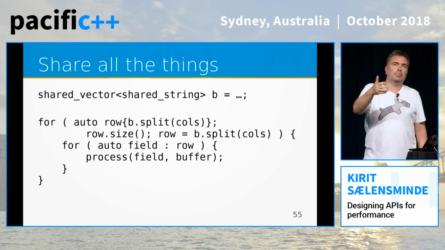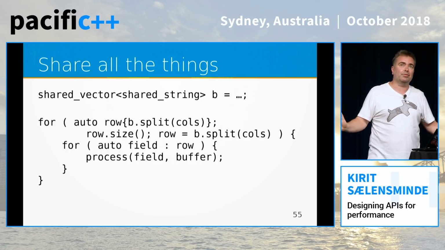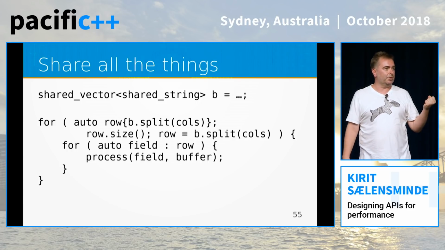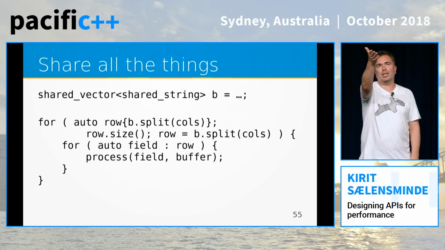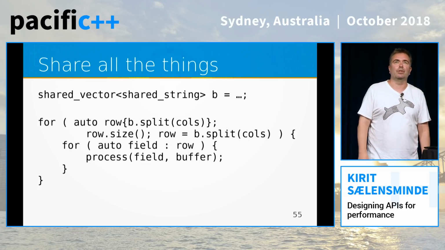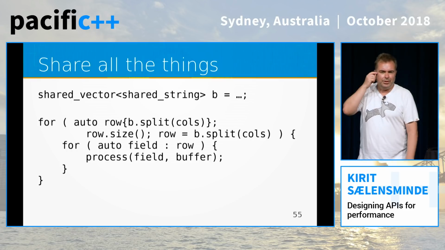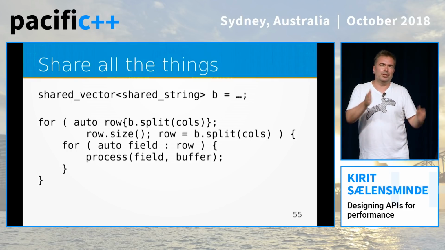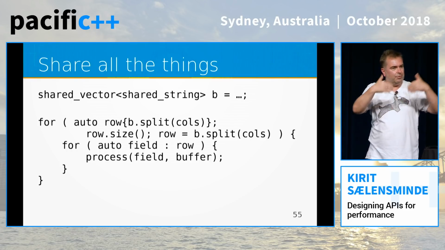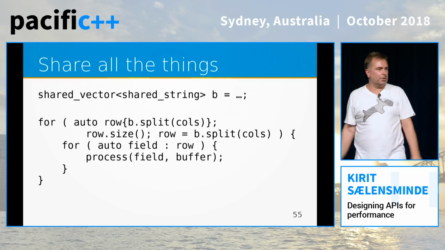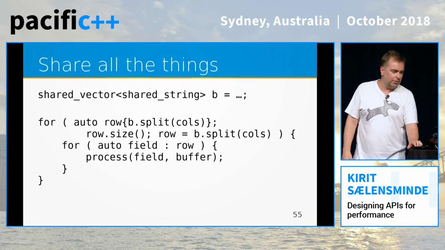So now my loops, the inner one is massively improved because I'm just going over the little bit that I snapped off the top, but I still have to do this split thing in the outer loop. But I'm pretty sure there's going to be a thing in the ranges that will let me take a view of n items across something like this that I can use instead.